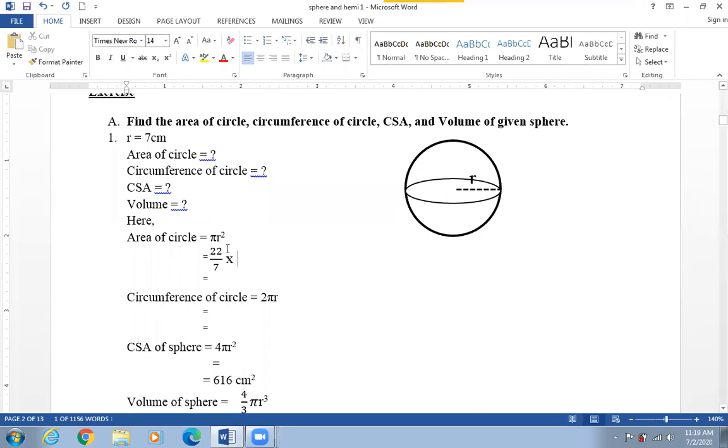Into, okay, so radius. What is the value of radius? 7.